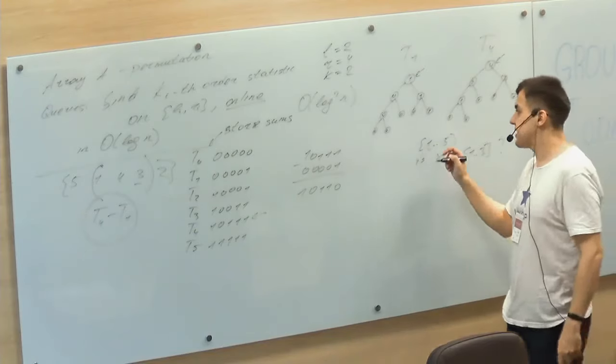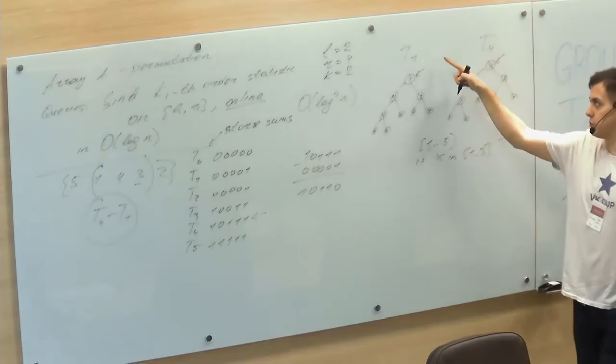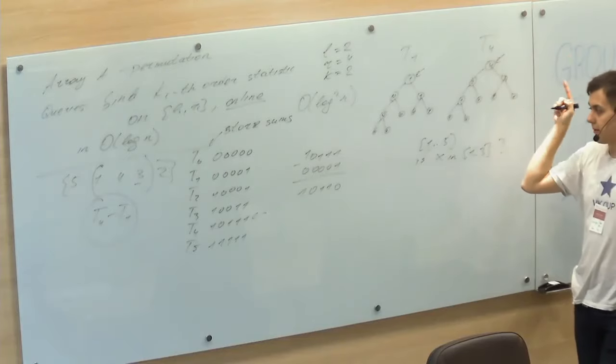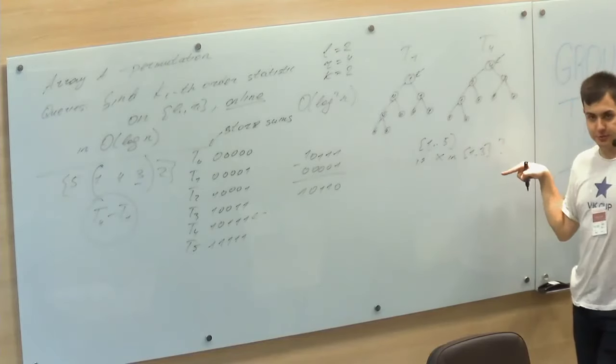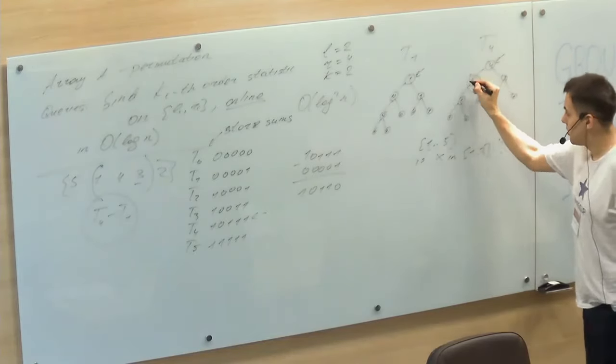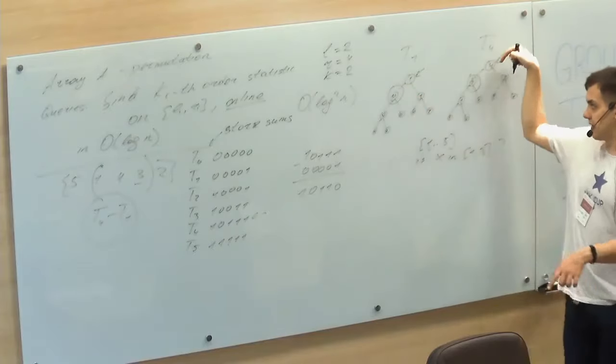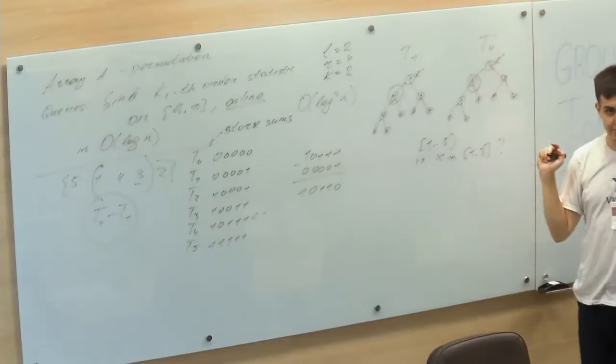Okay, so what is the number of values on the segment from 2 to 4 that have value from 1 to 3? Well, it's 2 minus 0. So we look at the left child here and the left child here.